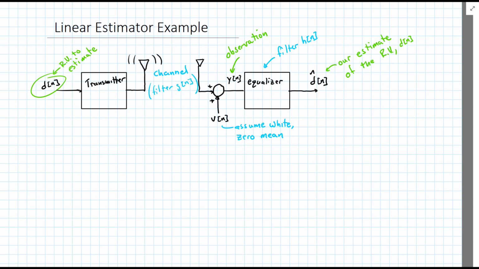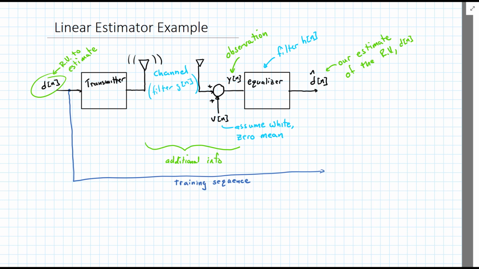Now, how is this adaptive filter even going to begin its operation? We need to have some additional info, something to go off of. If we have no information, then there's not much we can do. We've discussed that. So knowledge of V of n and knowledge of the way this is set up is going to be additional information. And importantly, we will have a training sequence. So this, in essence, is a way for us to observe how the channel operates on some known samples.